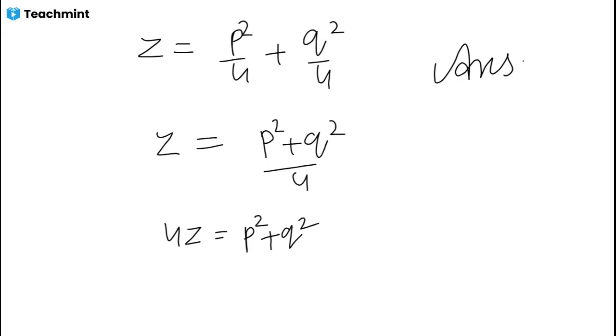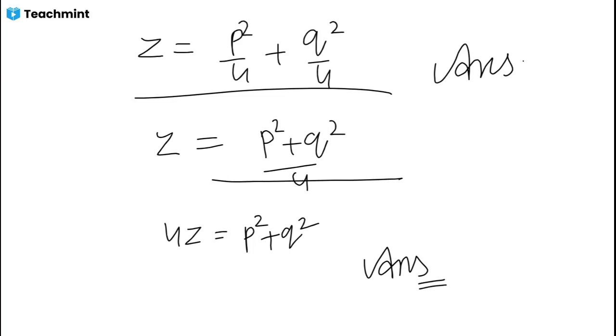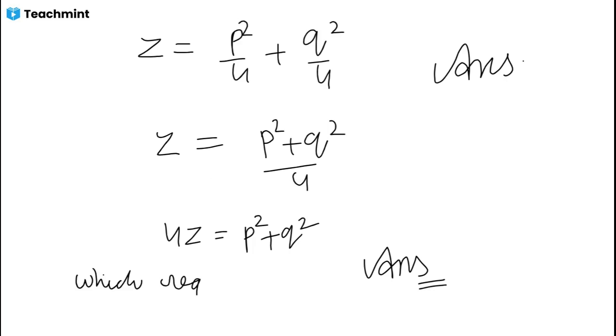This is the lowest form; we can't simplify further. You can write this answer in any of these forms, and this is the required PDE. So this is the partial differential equation.